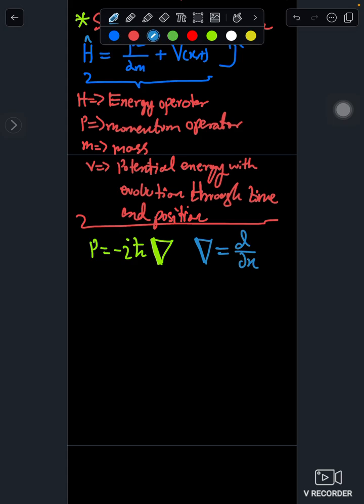So now we will be making the Schrödinger equation.